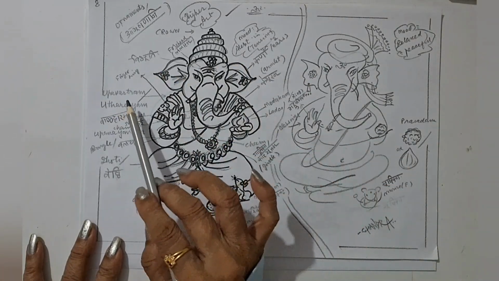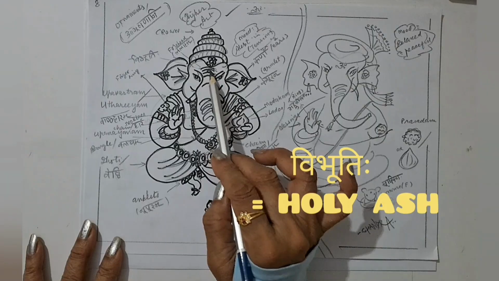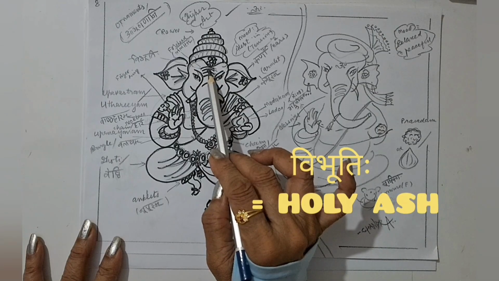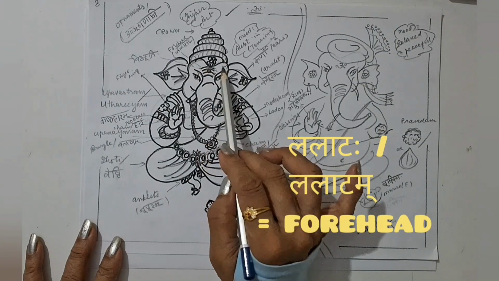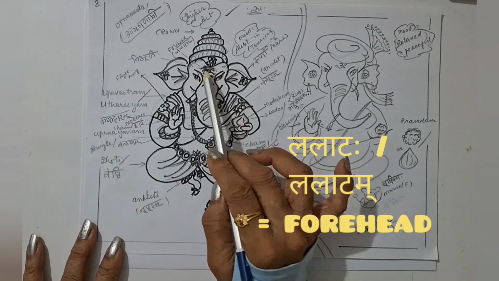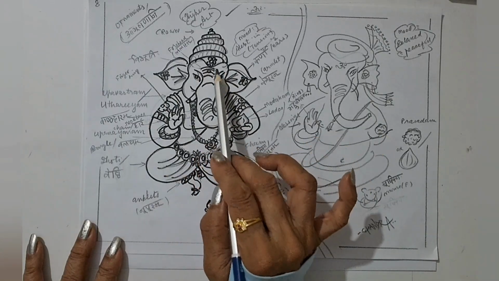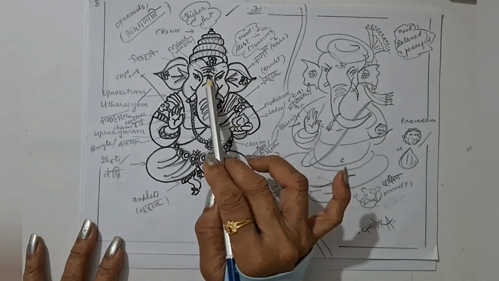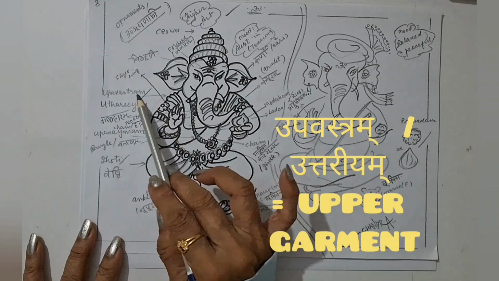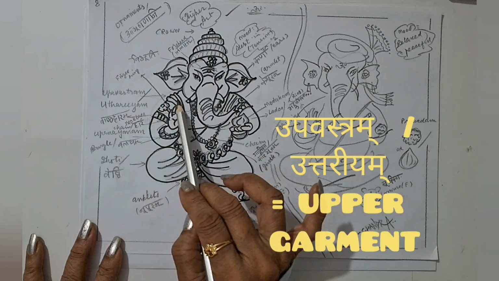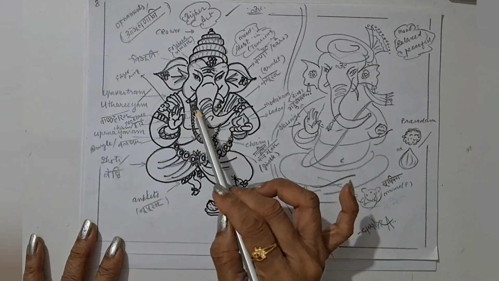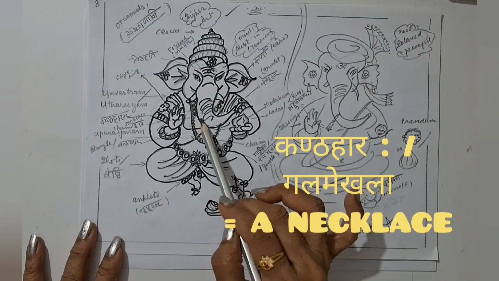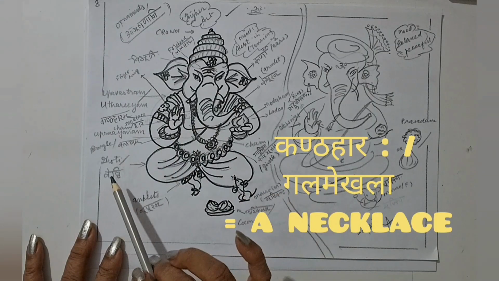Now let us see vibhuti. This is vibhuti and kumkumam in the middle. The forehead is called lalatam. Lalatam, that is the forehead where he applies this vibhuti. This upavastram, or you can call it uttariyam. This kantaharam, or you can also call it mekhala, that is necklace.